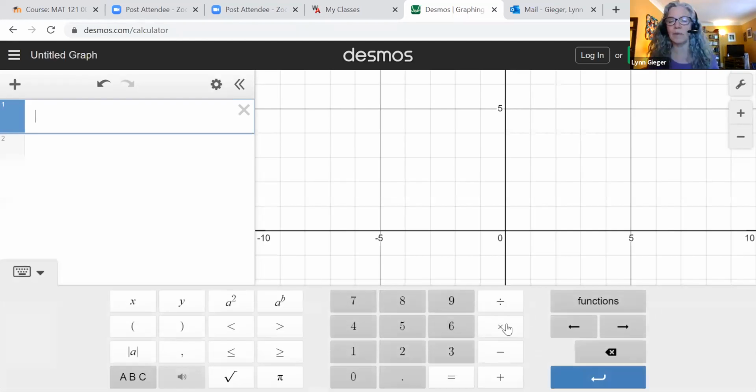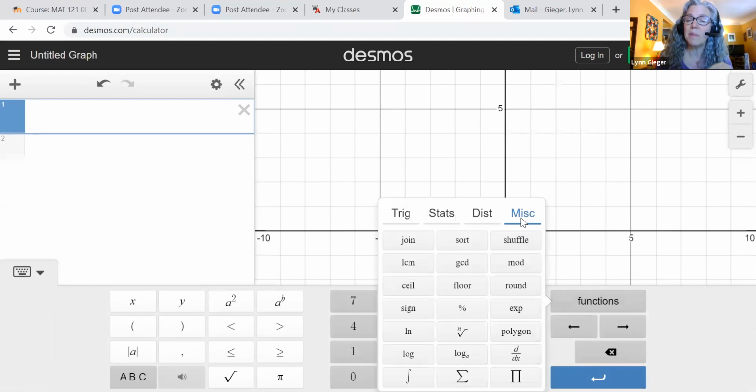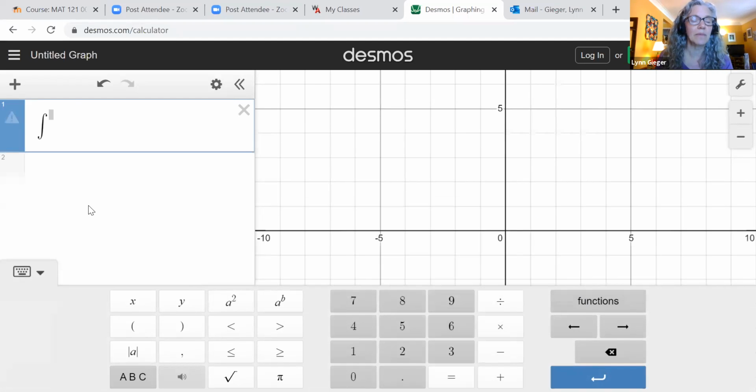Hold on, there we go. Recall that Desmos has a built-in estimator of definite integrals. If it's under your functions, you click on miscellaneous, it's right there.